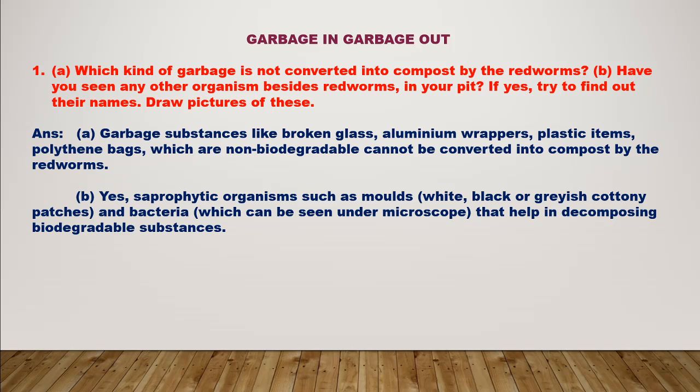Now, what do you mean by saprophytic organisms or saprophytes? These are organisms which are dependent on dead bodies. They depend on rotten bodies and get nutrition from there. So, what are the examples? Like moulds. Moulds are which color? White, black, or grayish?